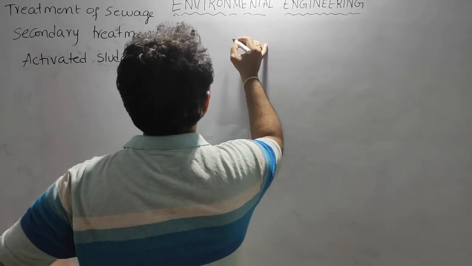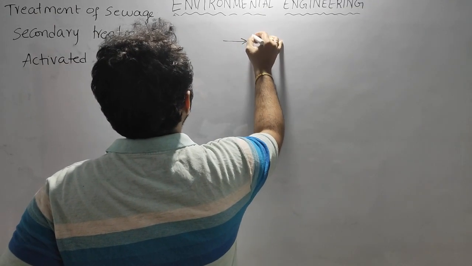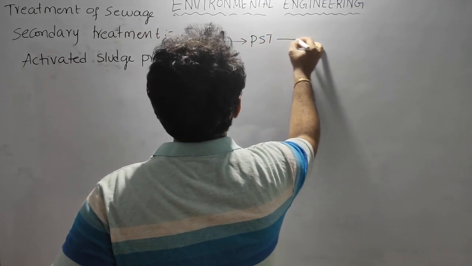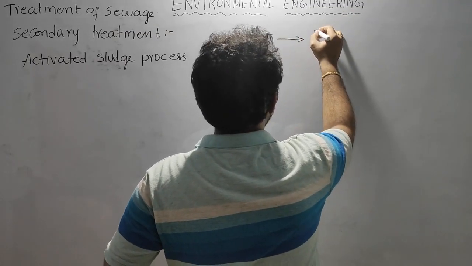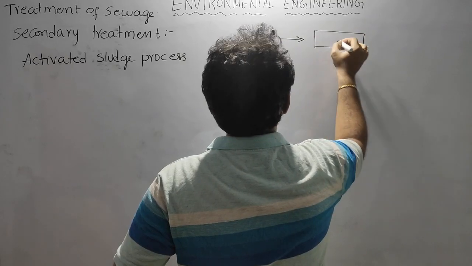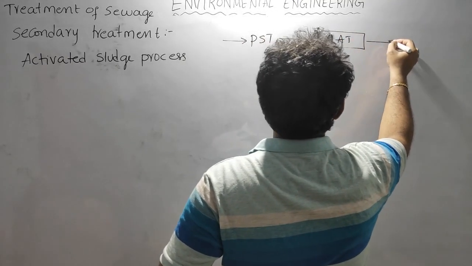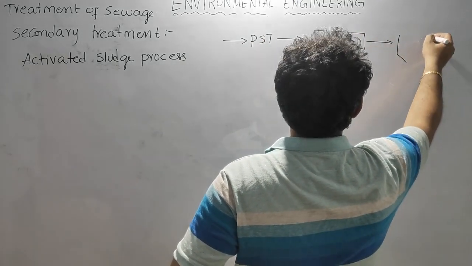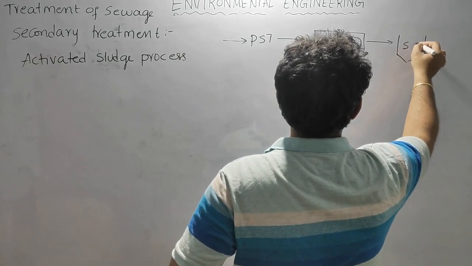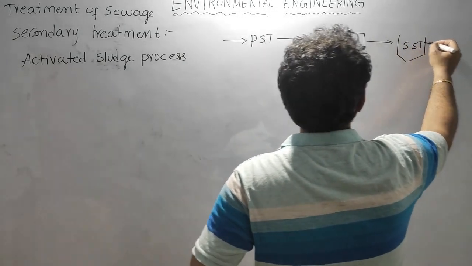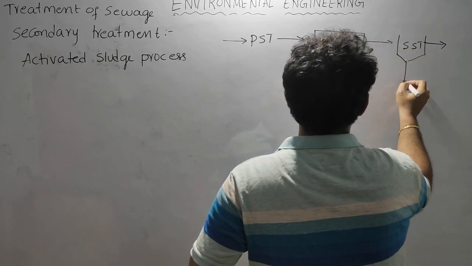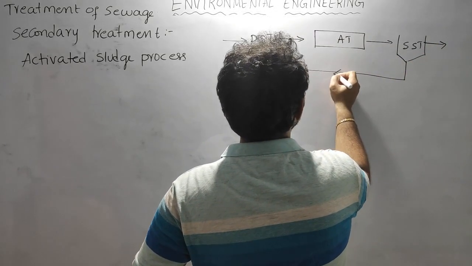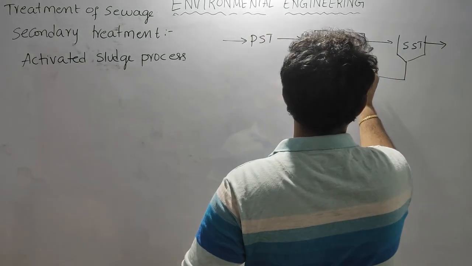So this is the primary sedimentation tank. From this primary sedimentation tank, we will send the organic matter into the aeration tank. From the aeration tank, we will send it into the secondary sedimentation tank. From here, we will send the effluent. And from this sedimentation tank, we take some amount. We call this returned sludge.